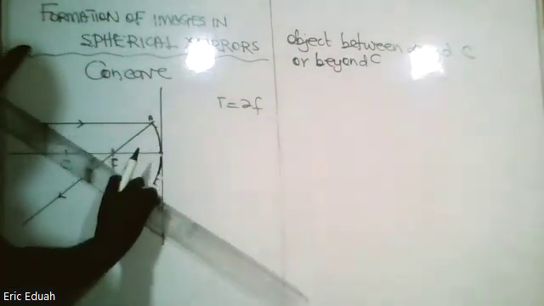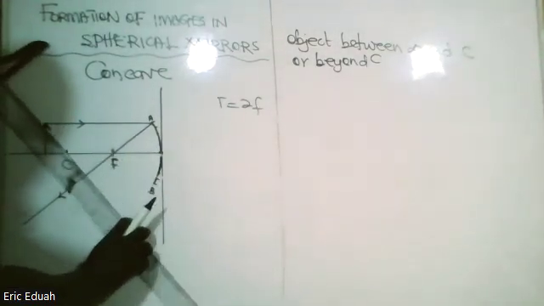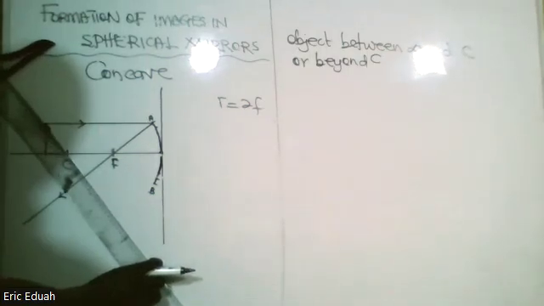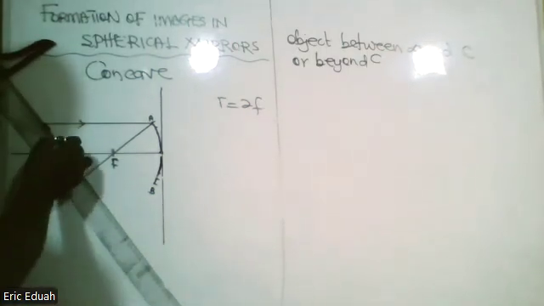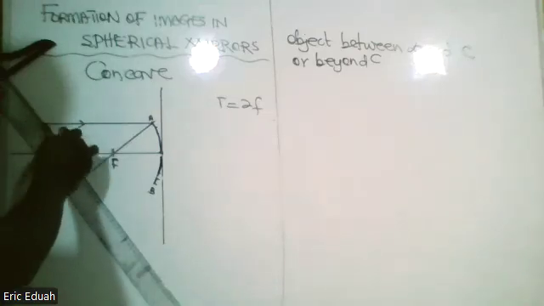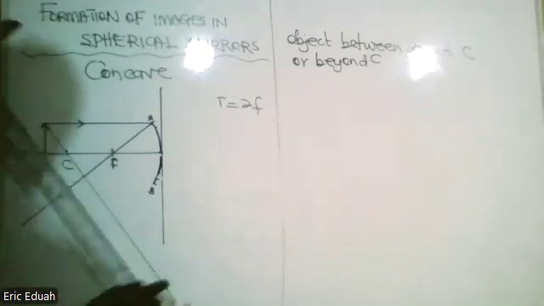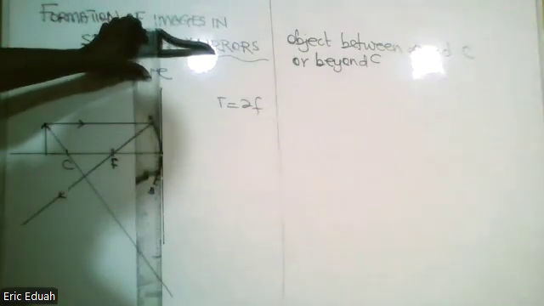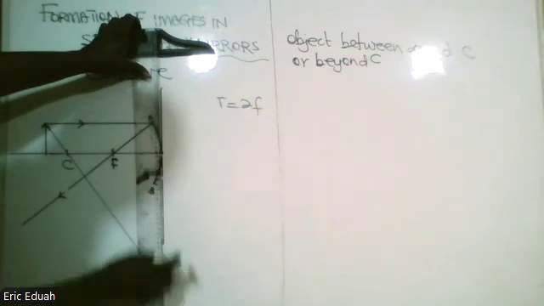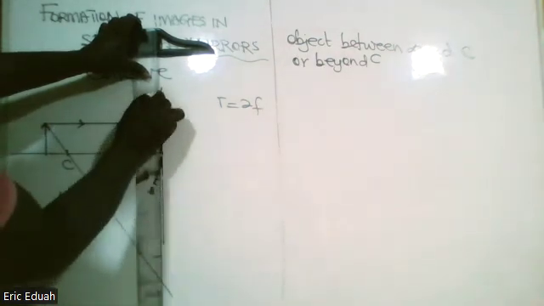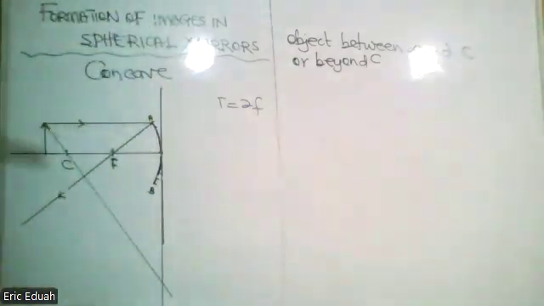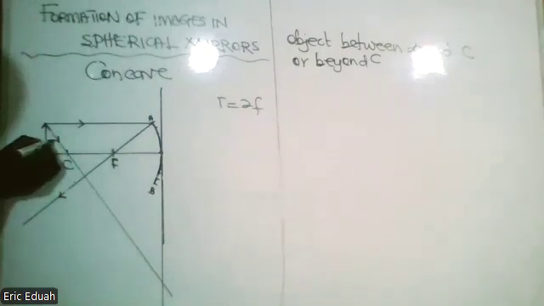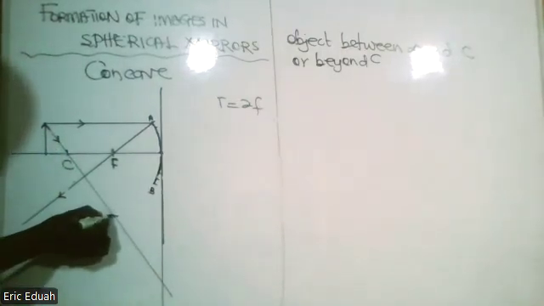So if I'm using a ray of light hitting the mirror at 90, then it must pass through C. As I said, we rule a vertical line to cater for reflections that go beyond the aperture of the mirror. So if it is not hitting, just extend your vertical line. You are good to go. So what it means is that with this rule, the ray would incident and reflect along the same path.